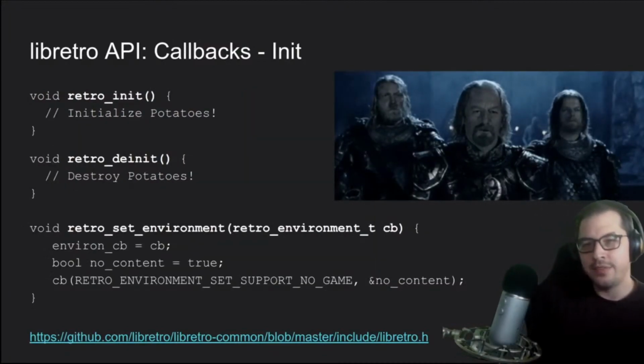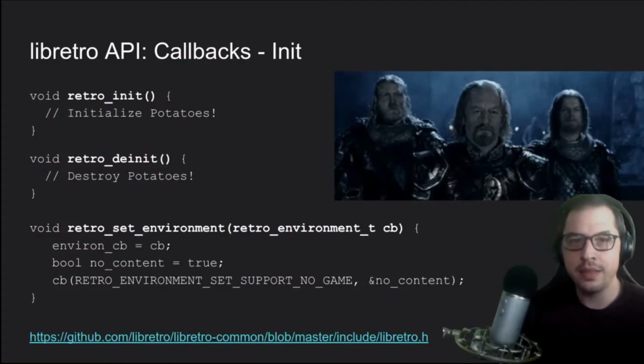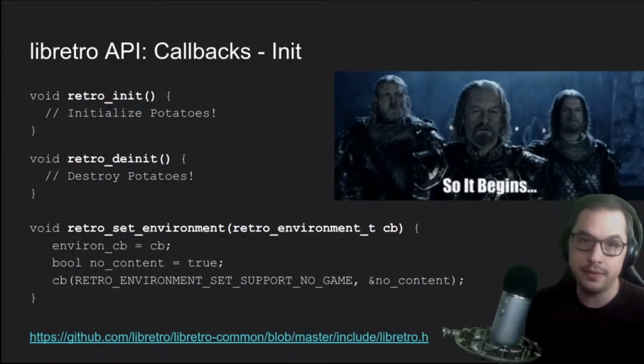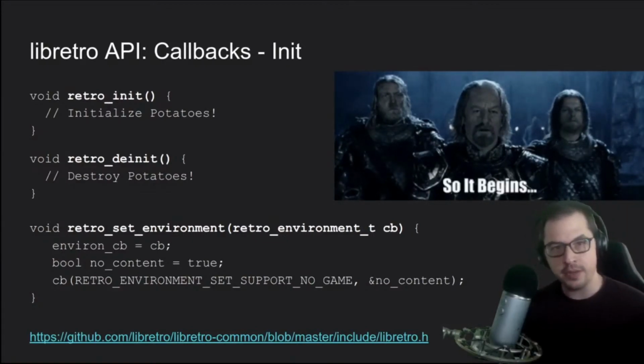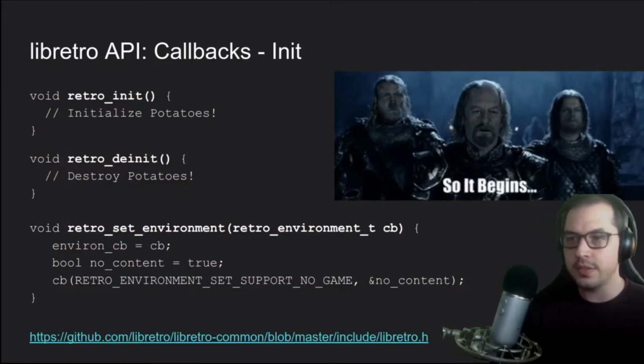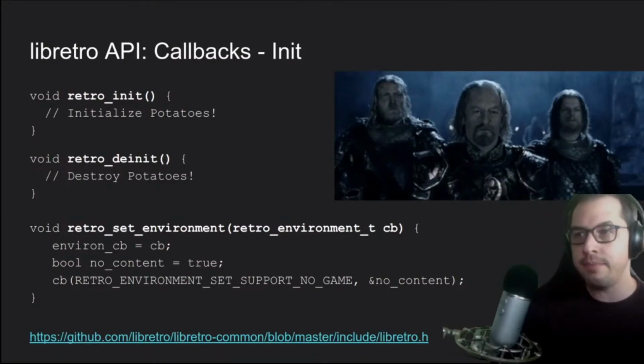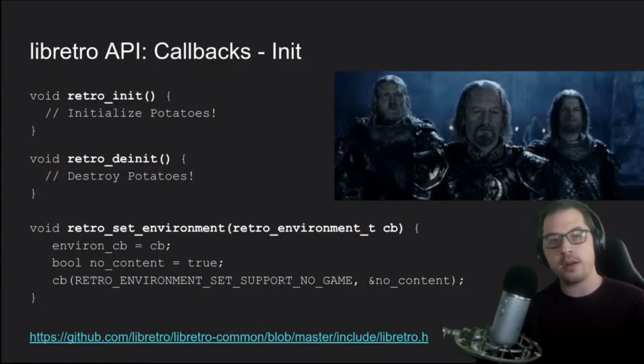And what happens when we start to run and load this core? All the LibRetro front ends will call the retro_init function. And in this function, you would put any initialization that you have for your core. There's also retro_deinit, which will destruct any memory that you've allocated for the core.